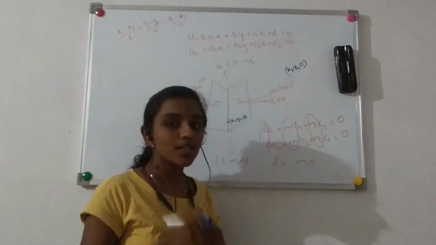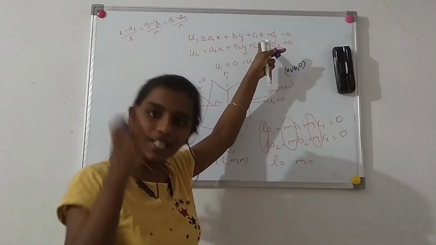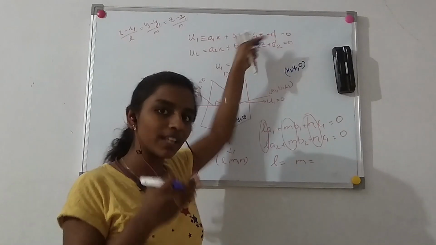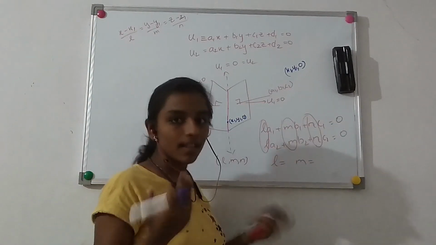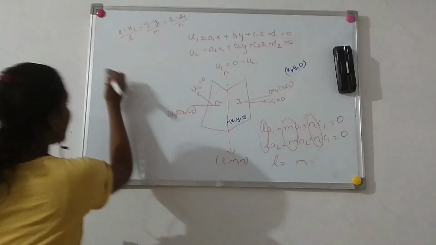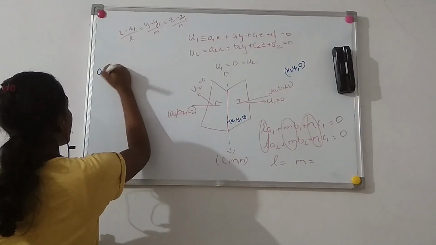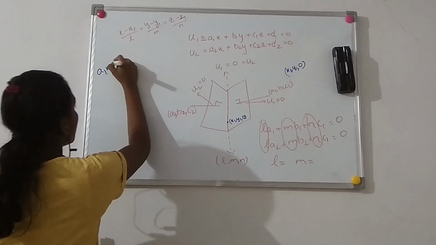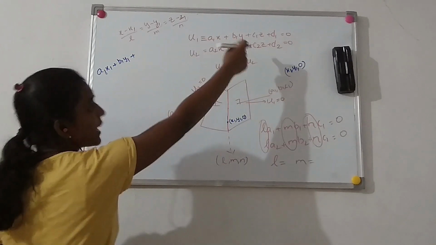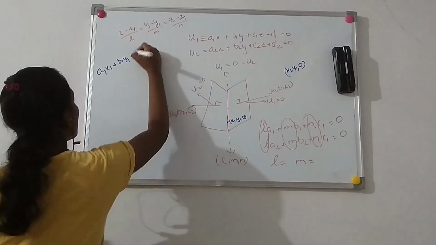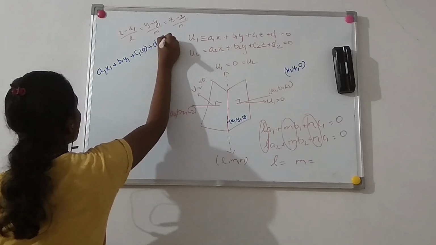Am I right? So I can substitute this point in these two equations and those satisfy the point, right? Because that point lies on both the planes. Then what do I get? I get a1x1 plus b1y1 plus, since the z1 is 0, c1 into 0 plus d1 equals to 0.